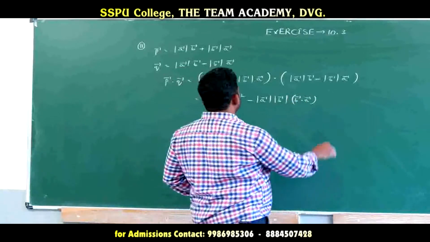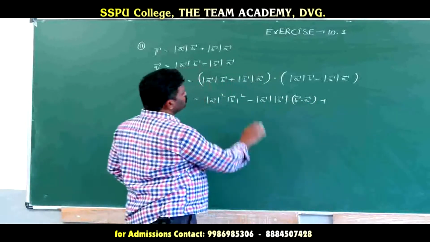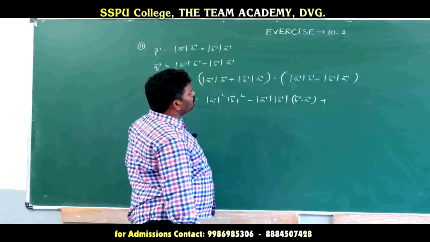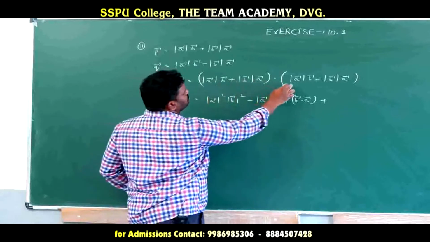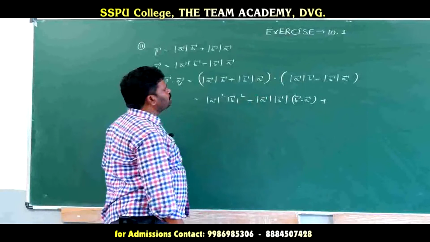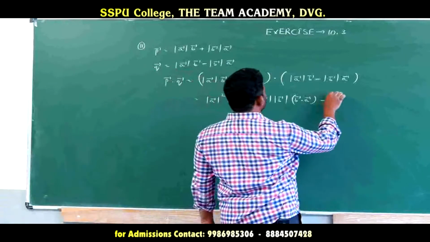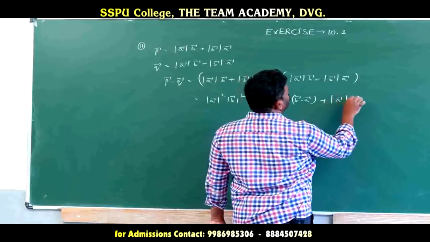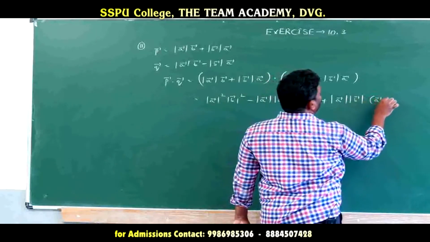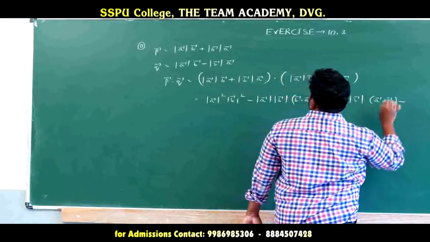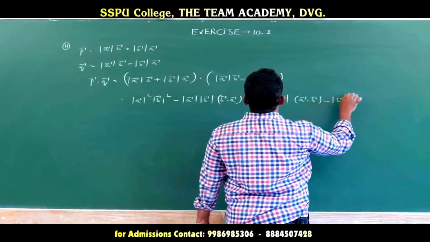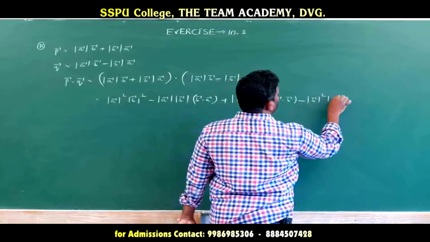Again, we multiply these terms: first this one, and then this one. Multiplying the vectors, we get magnitude of A bar into magnitude of B bar, A bar dot B bar, plus into minus, minus magnitude of B bar square into magnitude of A bar square.